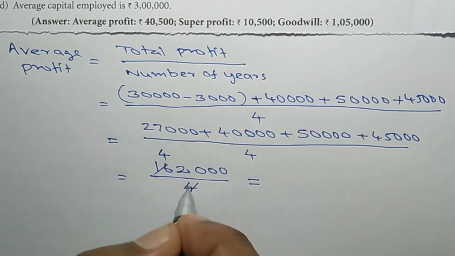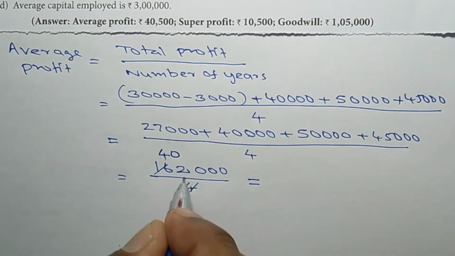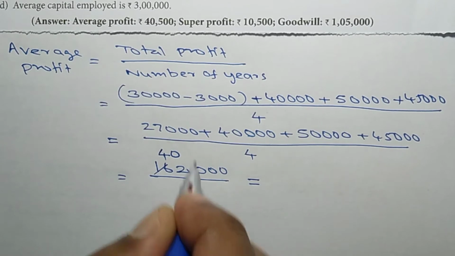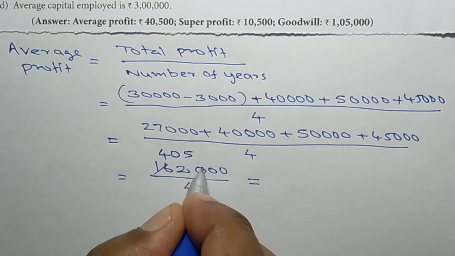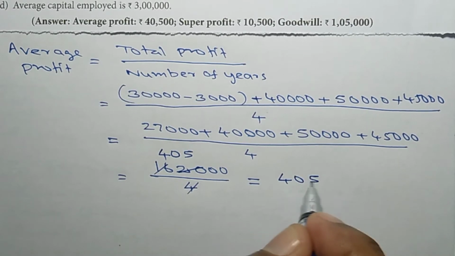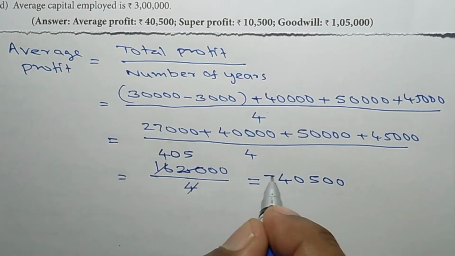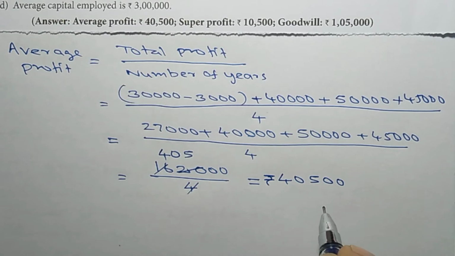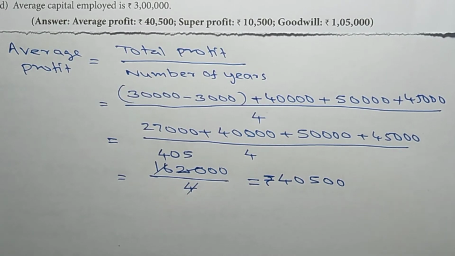Then in the next digit it's not possible, so put 0. Now take 20, 5 fours are 20. Then these two zeros. So 40,500 is the average profit.